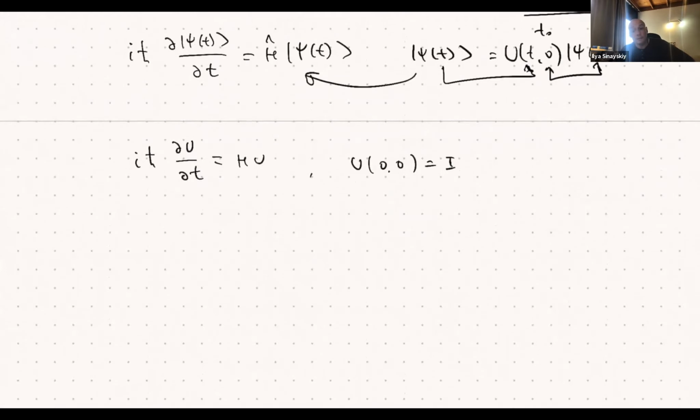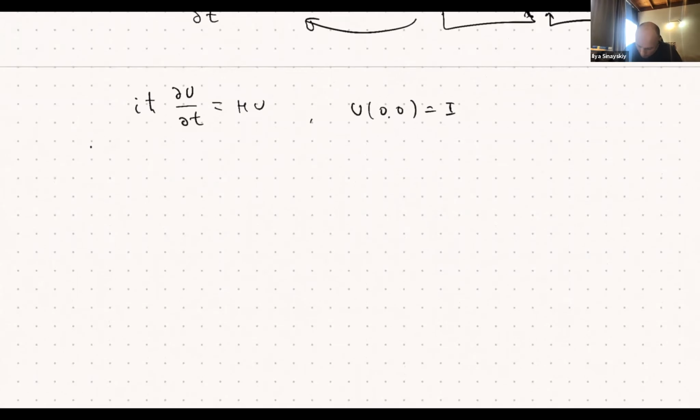But what else do we need? We need a way to describe something more, because we are not always dealing with wave vectors or wave functions. Sometimes we have to deal with a collection of wave functions. And what do we do? We form something we call mixed states. How are these mixed states usually produced?